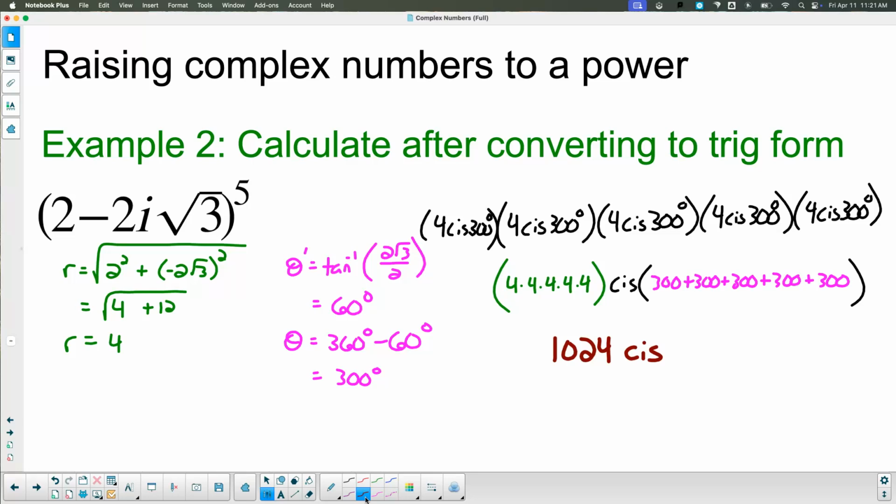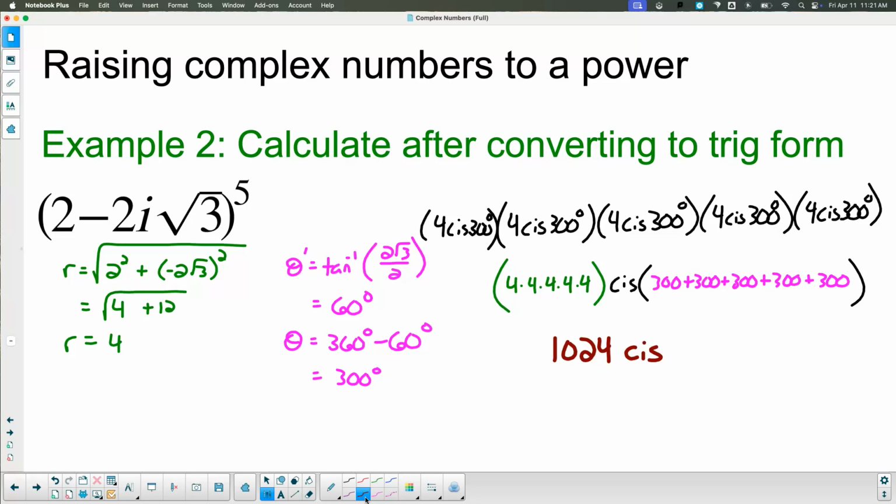Do I like 1500 as an angle measure? Okay, so what do I got to do? Subtract off by 360, right? Okay, so we're at 1500 minus 360 gets me 1140. Minus 360 gets me 780.